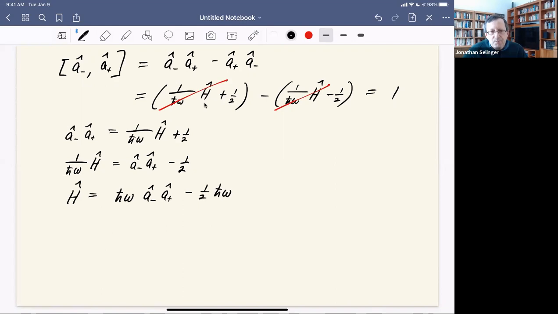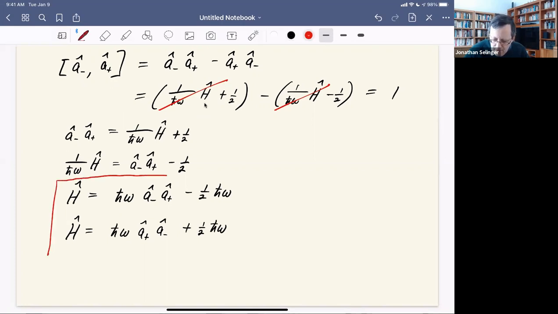Or equivalently, the Hamiltonian is h bar omega a plus a minus plus a half h bar omega. So these are 2 equivalent ways of writing the harmonic oscillator Hamiltonian in terms of a plus and a minus.